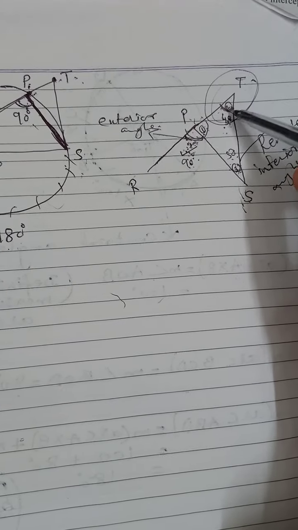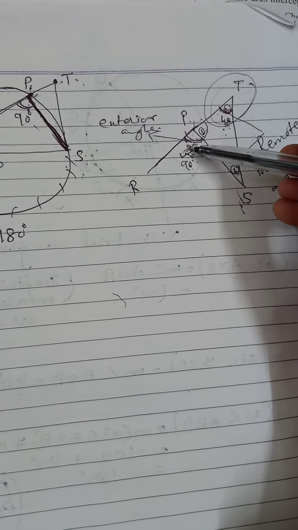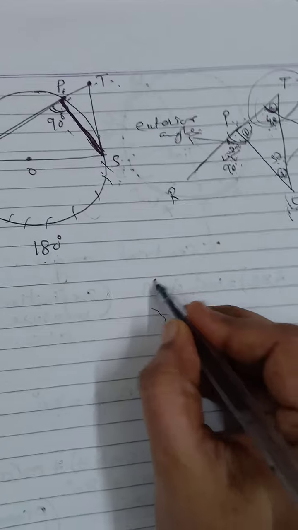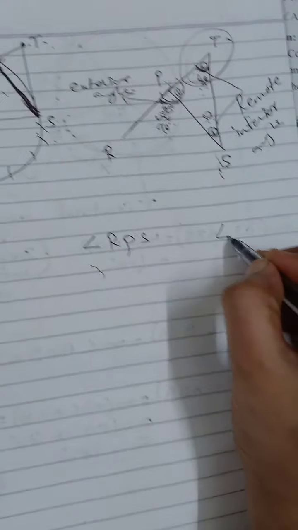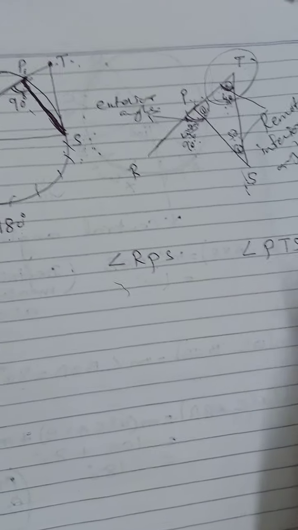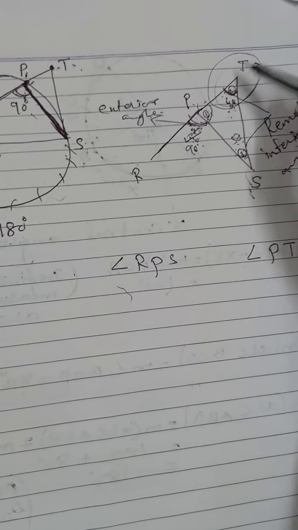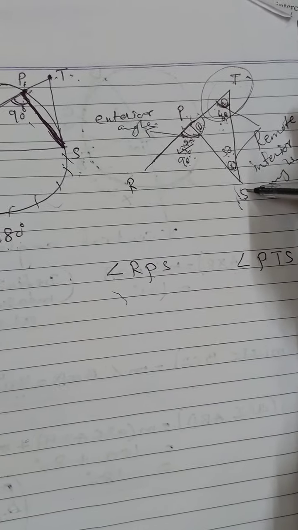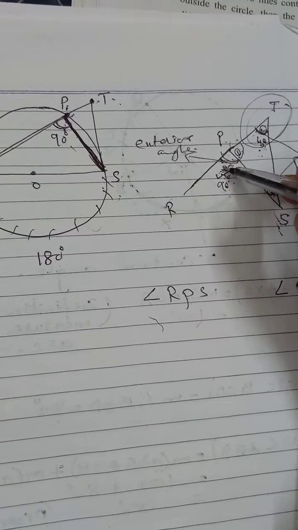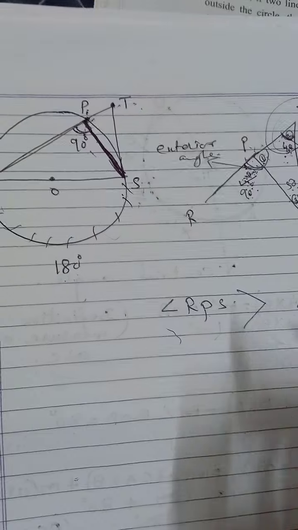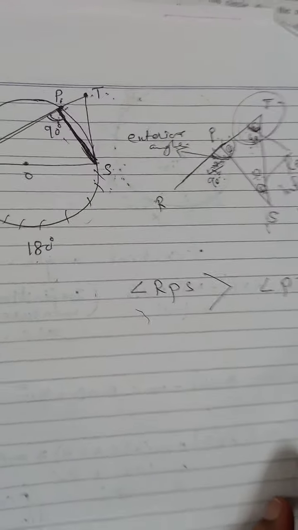So this angle will always be smaller than this RPS. We have taken 2 angles. First is angle RPS and second is angle PTS. PTS is interior, RPS is exterior. So always the exterior angle is greater. That only we will try to write here.